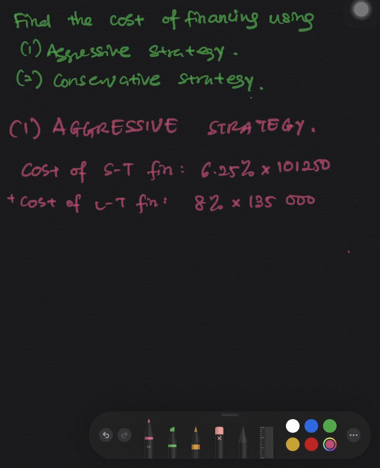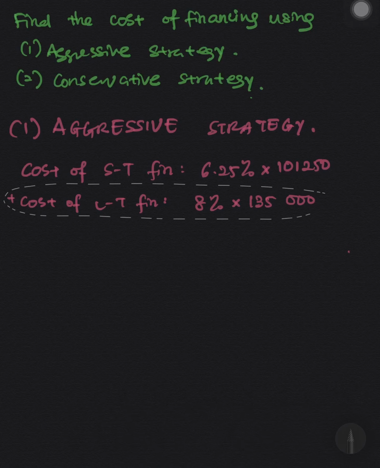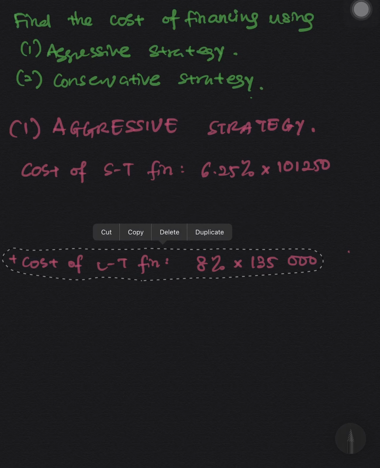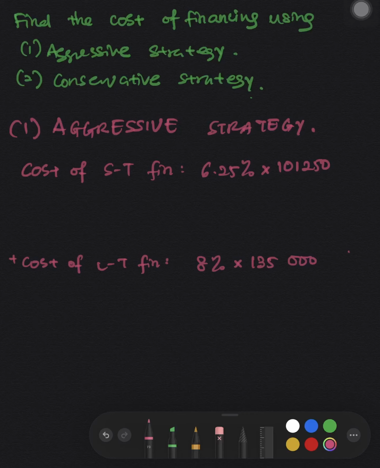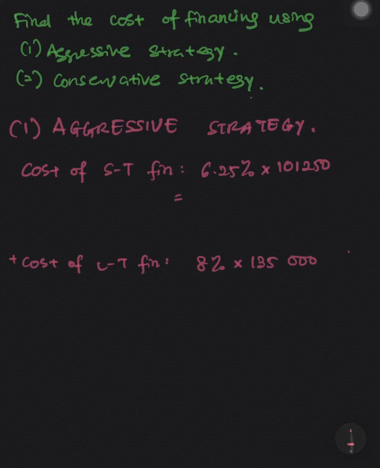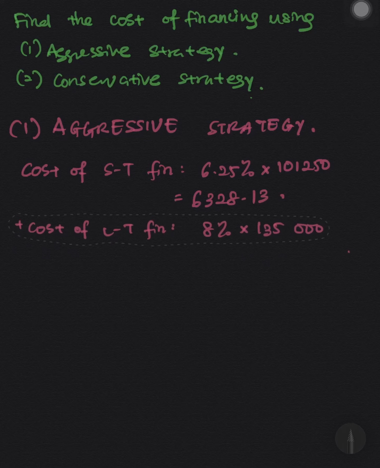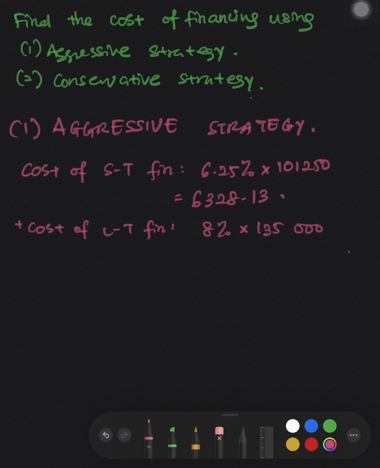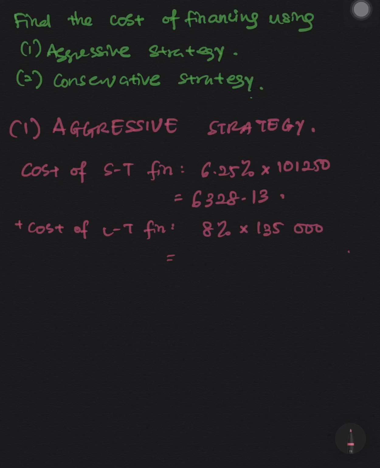So the answer for 6.25% is 6,328.13. Then 8% multiplied by 135,000 is going to cost $10,800.